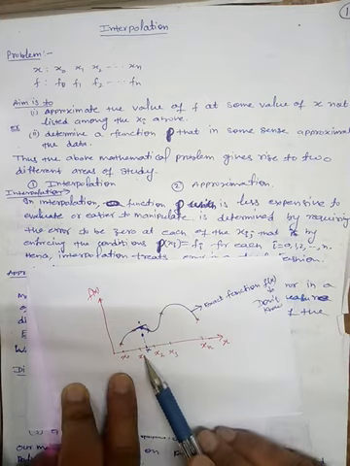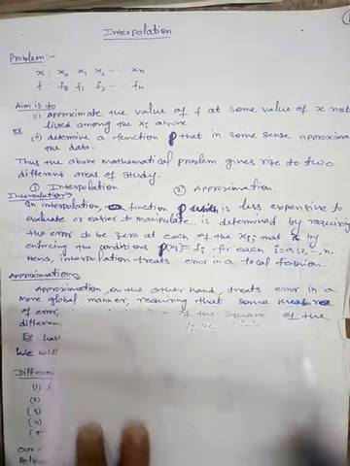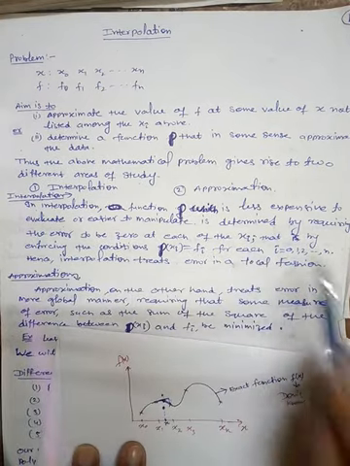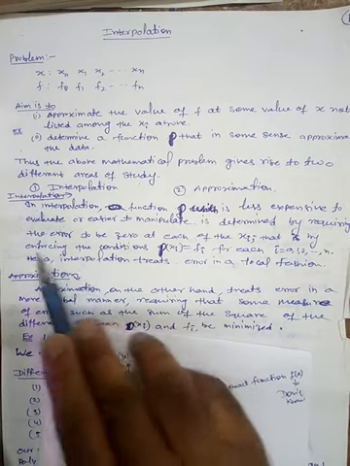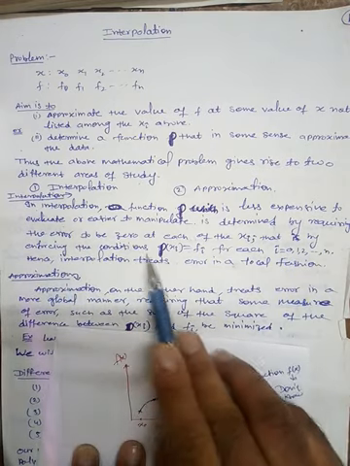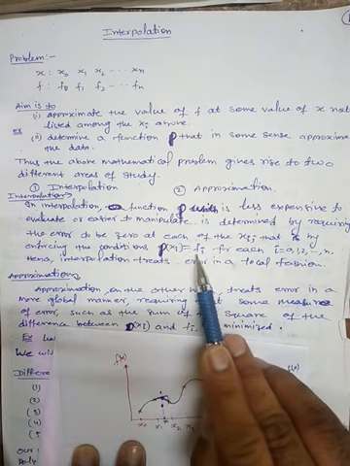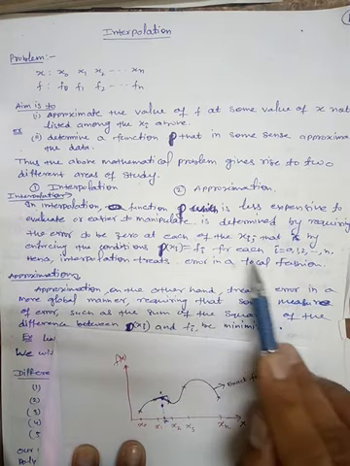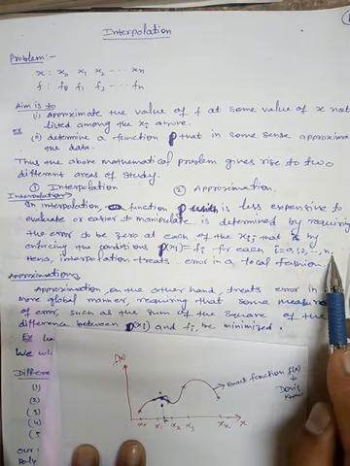Xi means these node points. That is, by enforcing, this is important, the conditions p(xi) equal to fi for each i equal to 0, 1 to n.